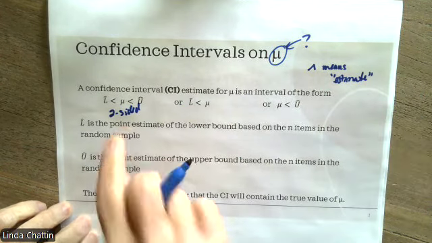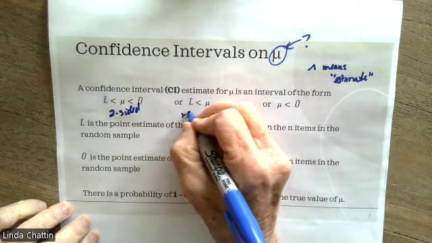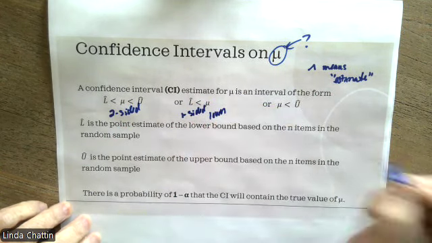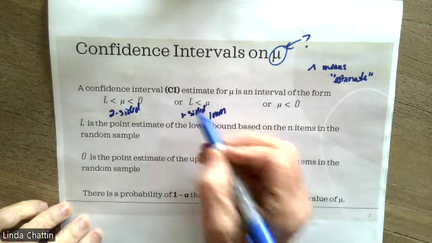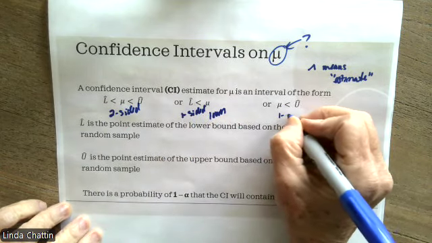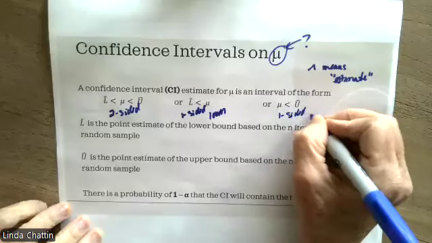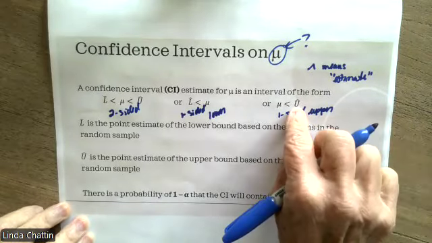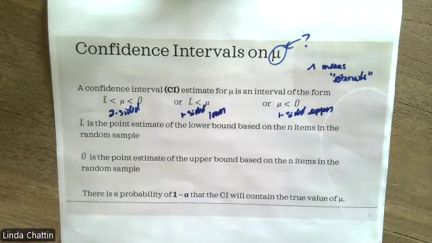And so this is a two-sided. This is what we would call a one-sided lower confidence interval bound because we're only interested in the lower bound. This is what we would call a one-sided upper confidence interval because we're only interested in the upper bound.